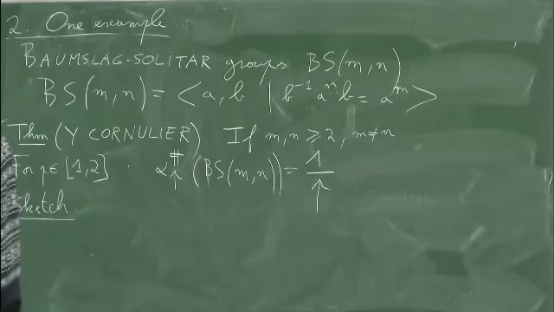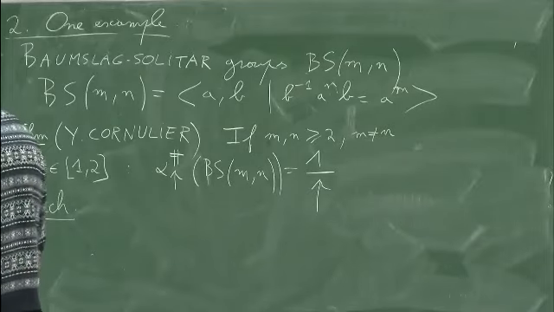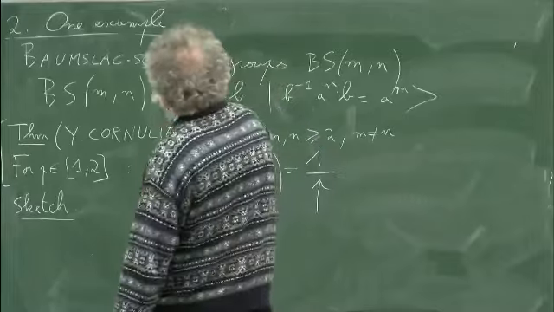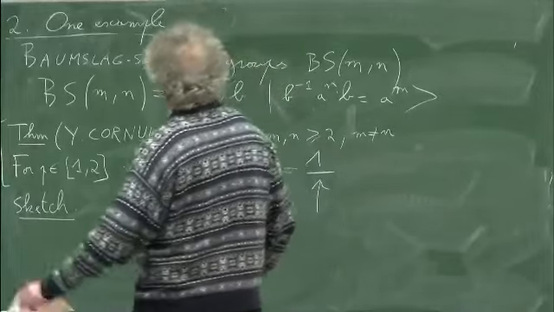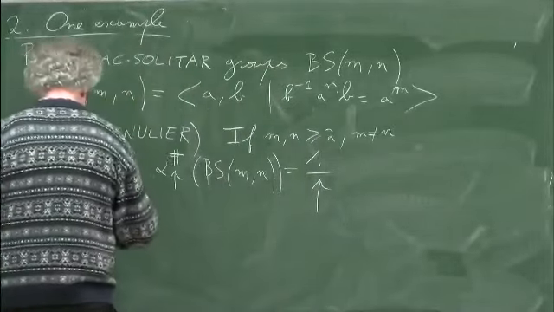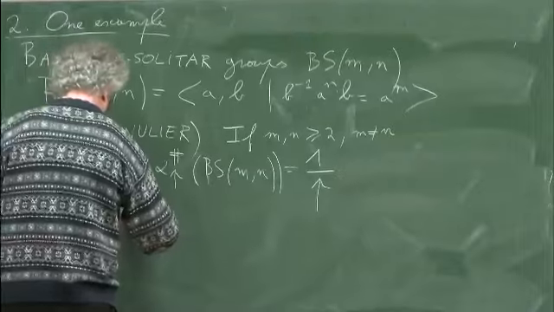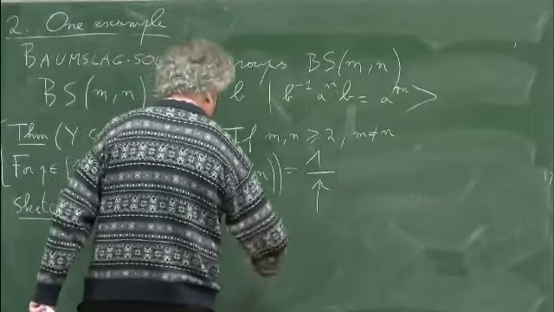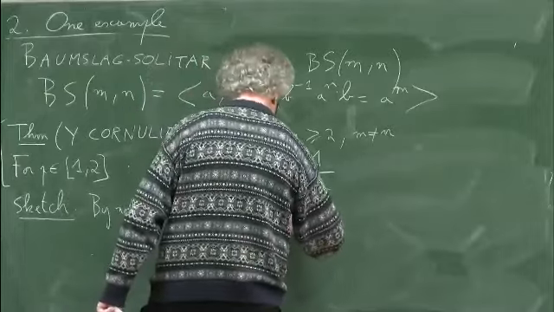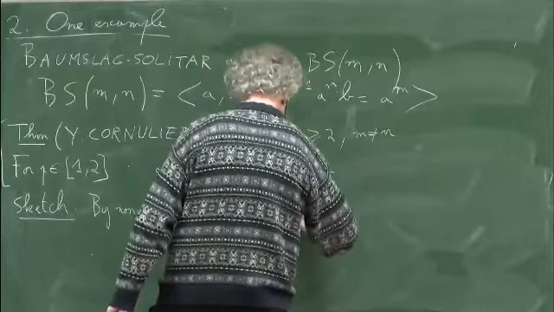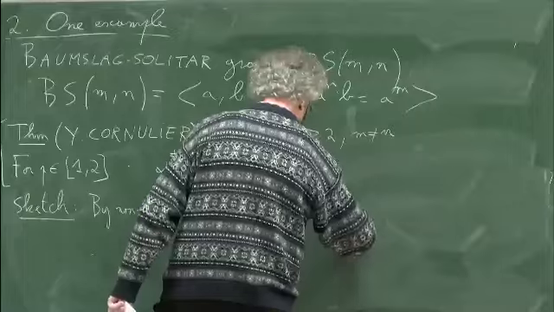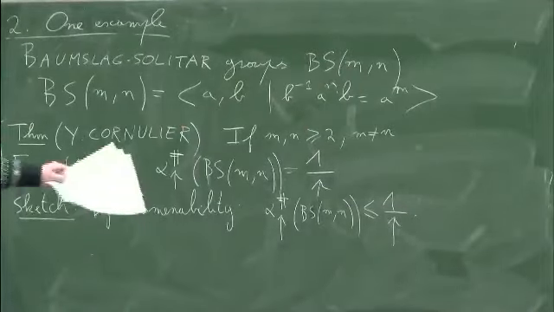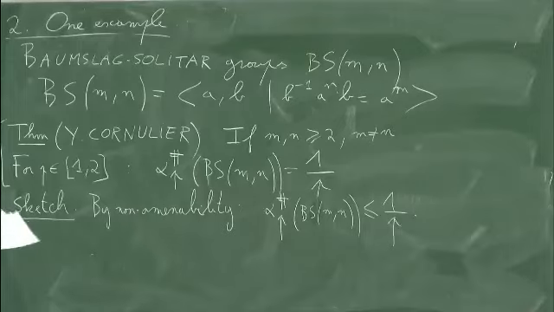And using the result by Naor and Peres, this gives immediately that the equivariant compression is at most 1 over p, by non-amenability. So we must prove the other bound.